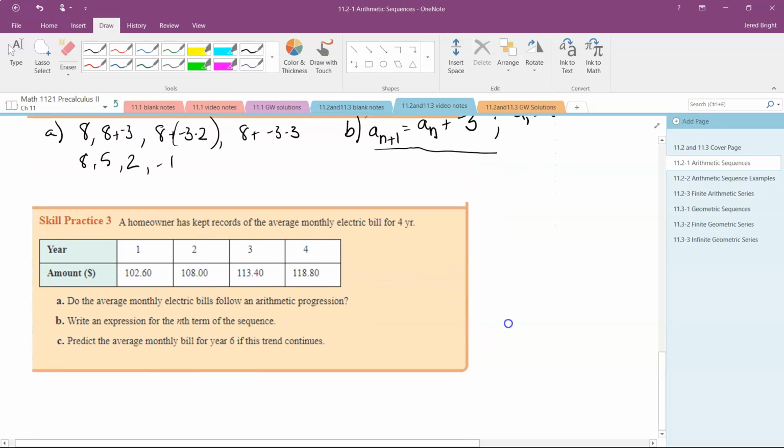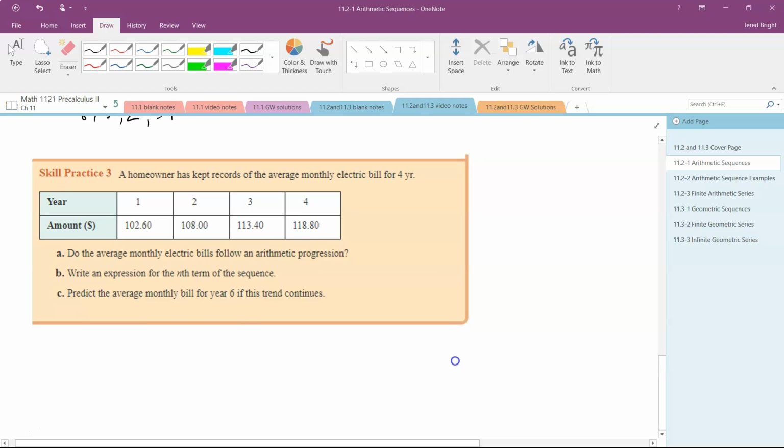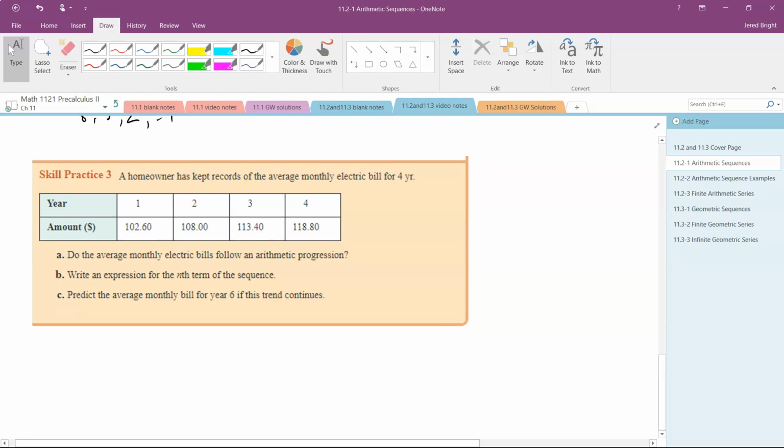Our last example for this video, and then we're going to go on and have more, is this homeowner example. Do they follow arithmetic progression? Another way of asking that same thing is, is there a common difference? If we look closely, from year 1 to year 2 that goes up 540.